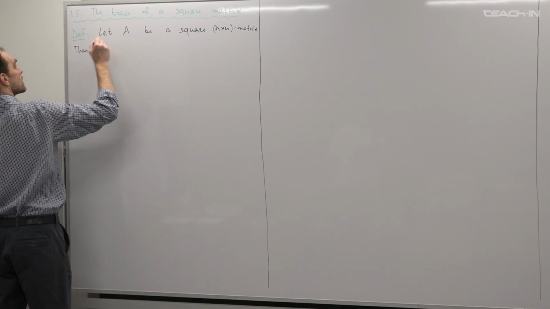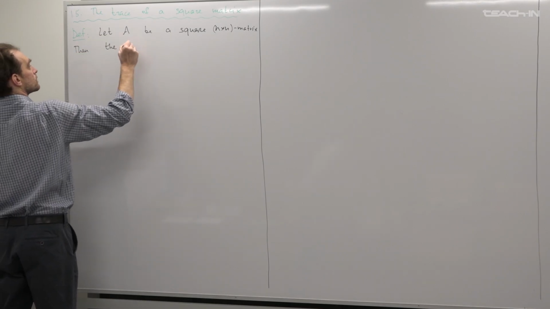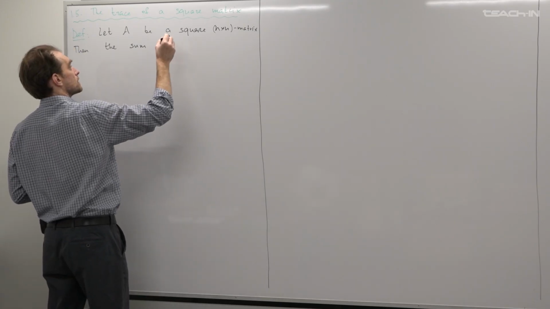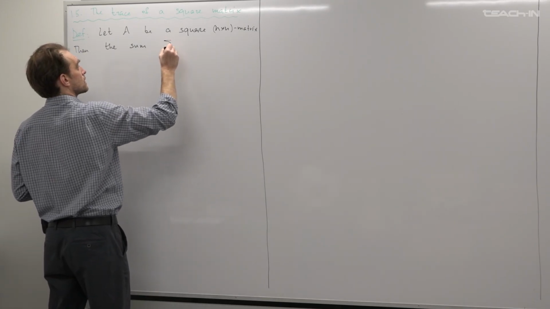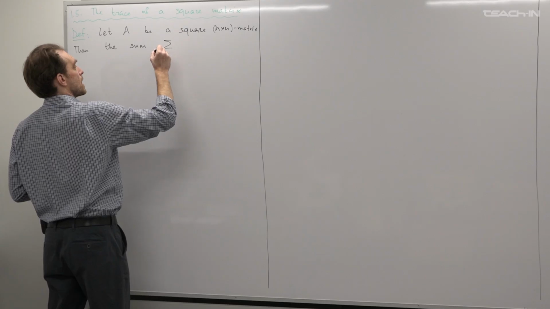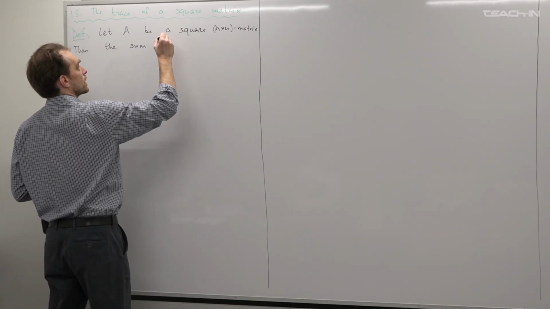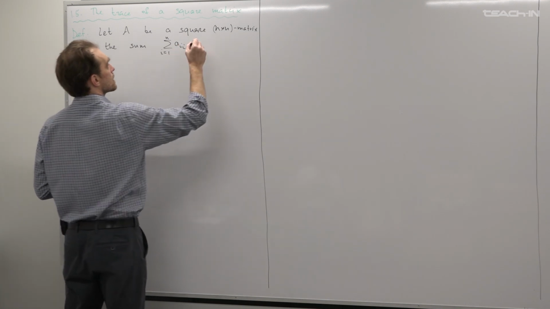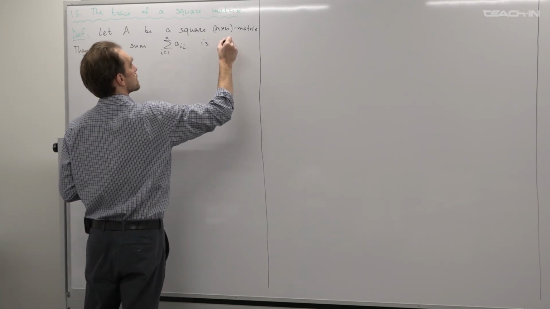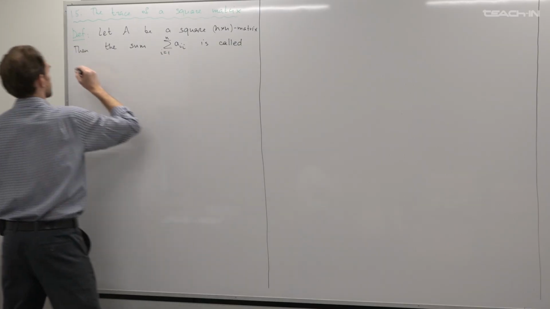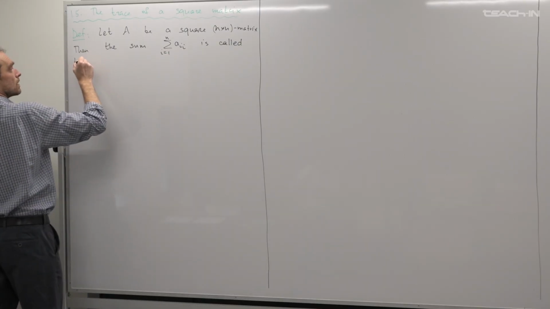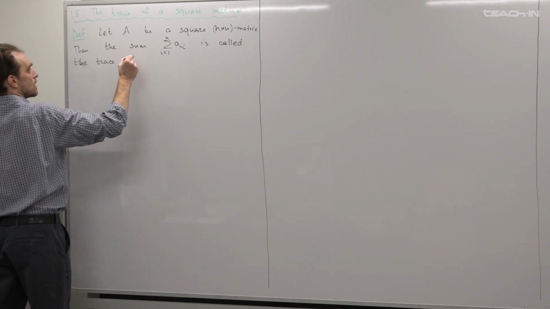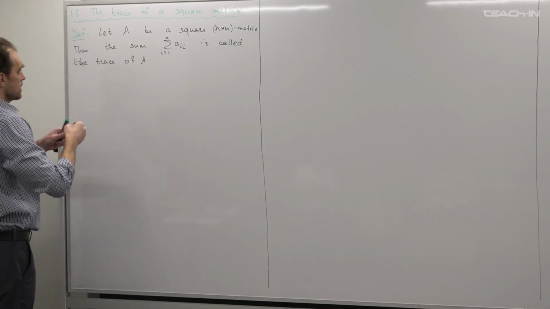Then the sum of all elements along its principal diagonal is called the trace. So the sum where i ranges from 1 to n of a sub ii is called the trace of A.